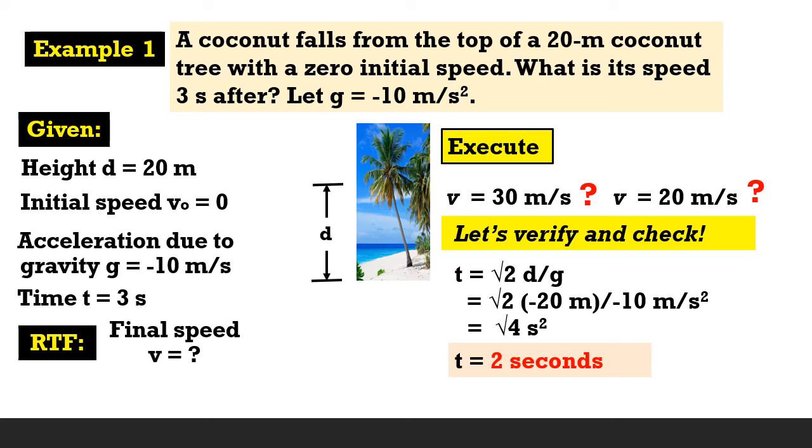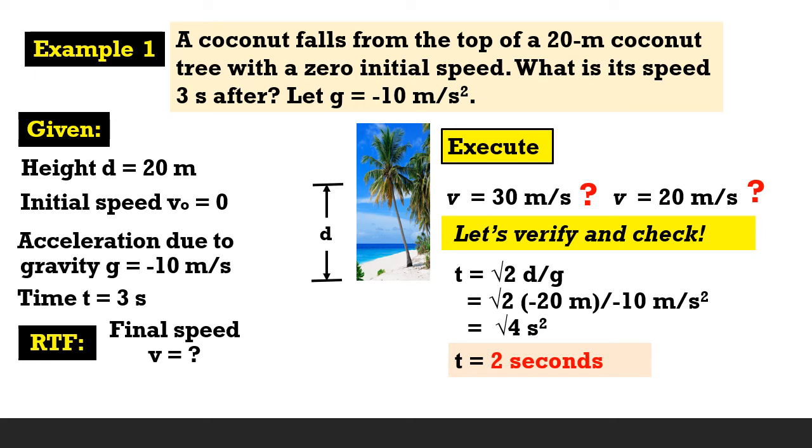This means it takes only 2 seconds for the coconut to hit the ground after falling from a height of 20 meters. Okay? Yet, the question was asking for the speed after falling for 3 seconds.